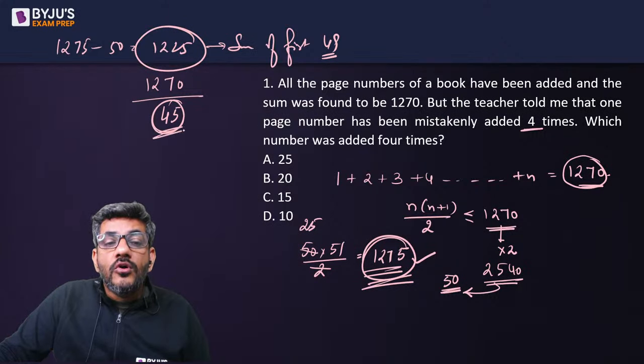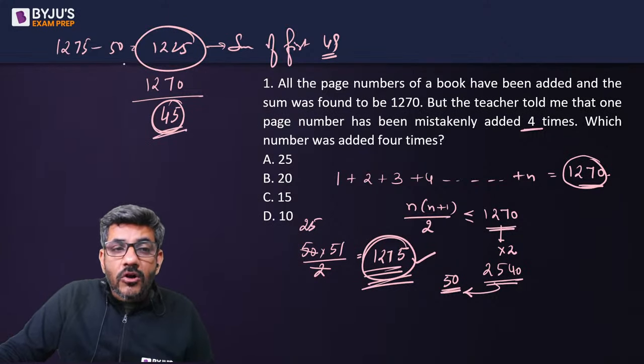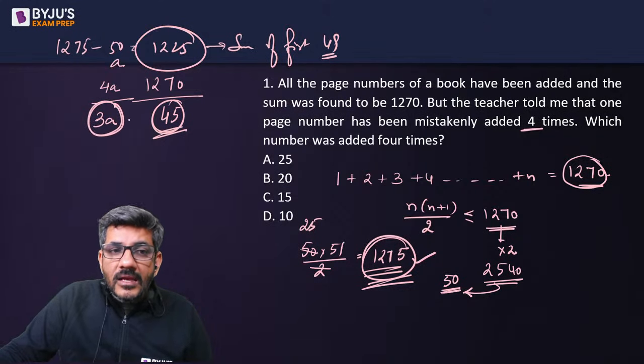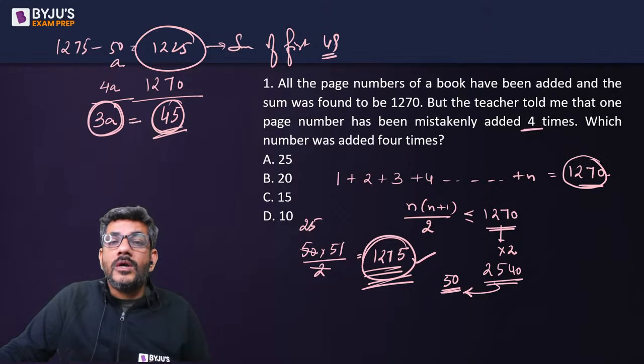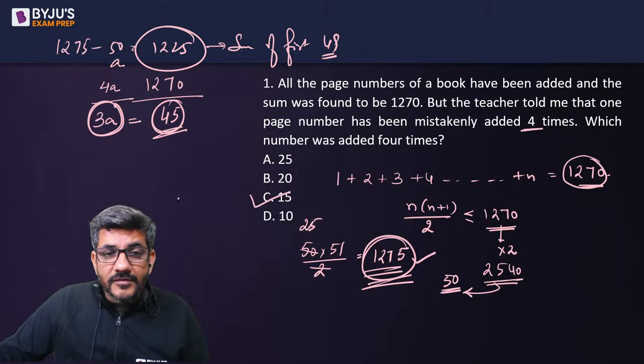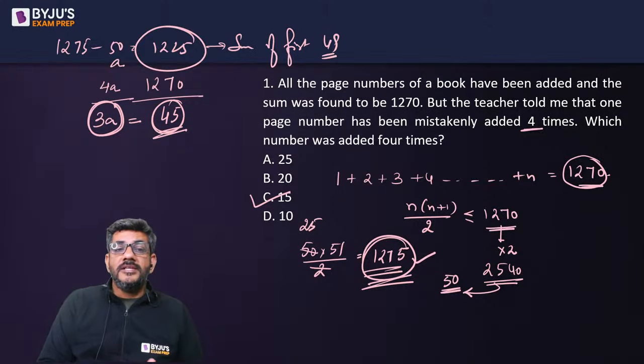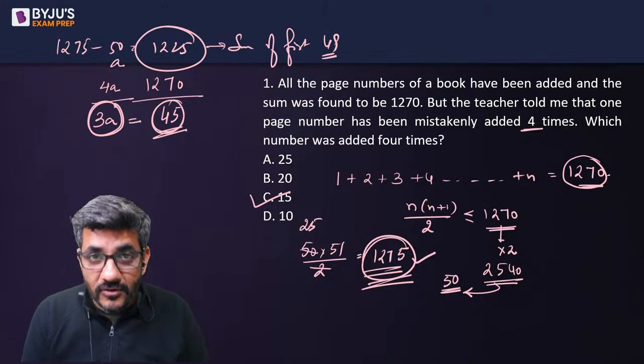Why is it more? One of the numbers, let's call that number A, उसको A की बजाय हमने 4A काउंट कर लिया है. So can I say we have extra taken 3A? And that 3A is 45. So what is that A? It is equal to 15. So the number that has been added 4 times is 15. So 15 is the right answer for us.